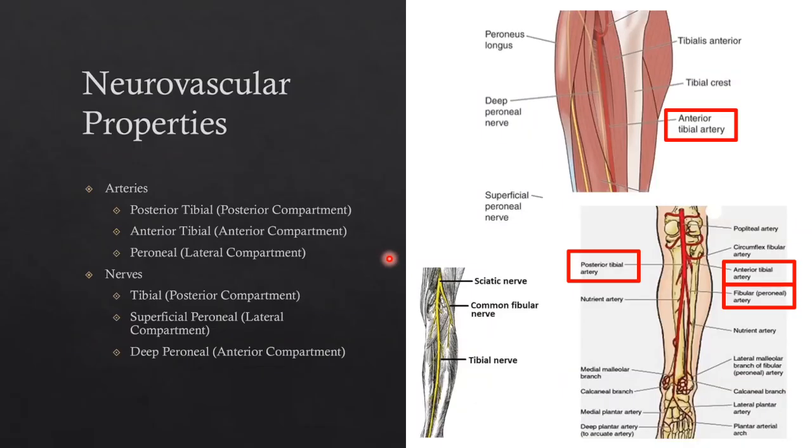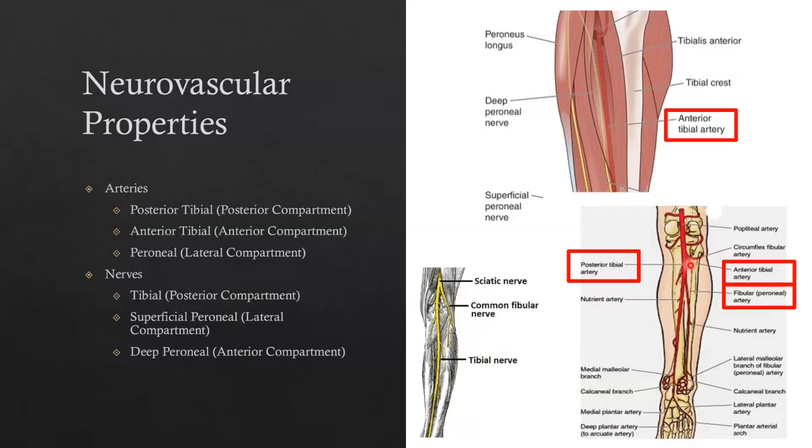Ending off the neurovascular properties of our lower leg, we stopped off with the popliteal artery located on the posterior aspect of the knee. We also have these genicular branches which supply the various aspects of the lateral and anterior knee. From the popliteal artery, there are a couple of bifurcation points.